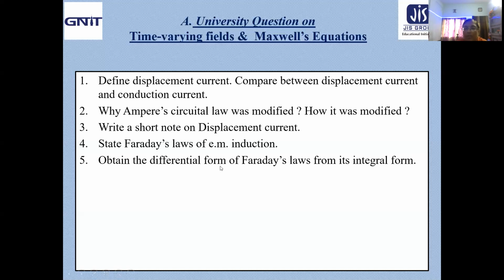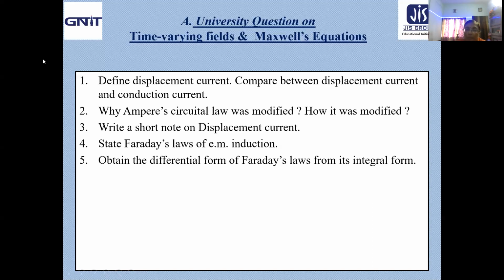That is equal to minus d phi dt on the right hand side. That means minus d/dt of phi. Phi means magnetic flux, that is surface integration of B dot ds. That is the integral form of Faraday's law. That means on the left we have the closed loop integration of E dot dl, and on the right we have minus d/dt of the surface integration of B dot ds.